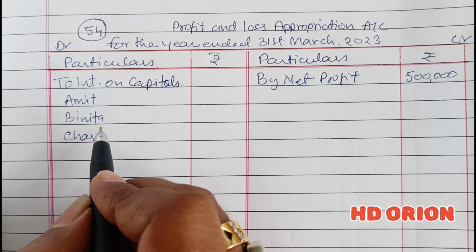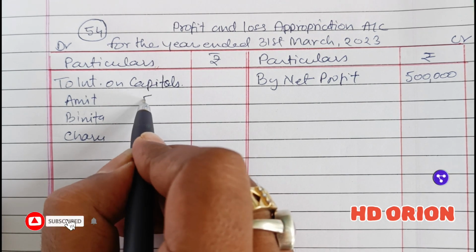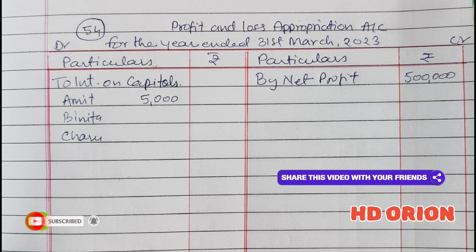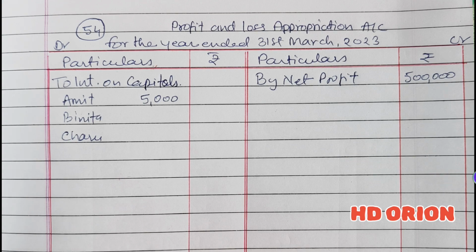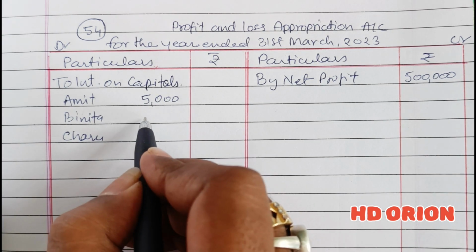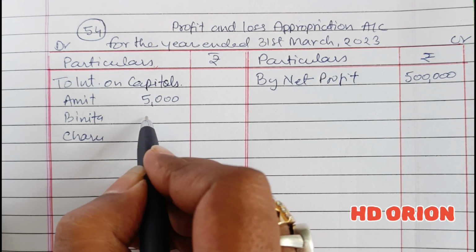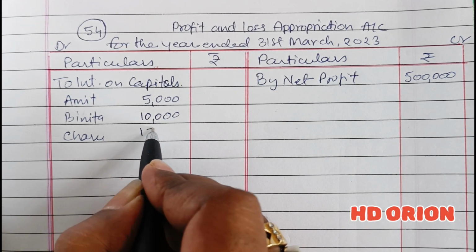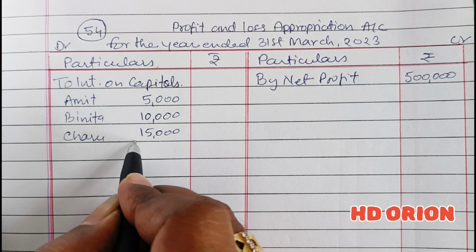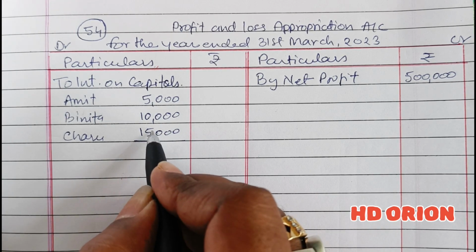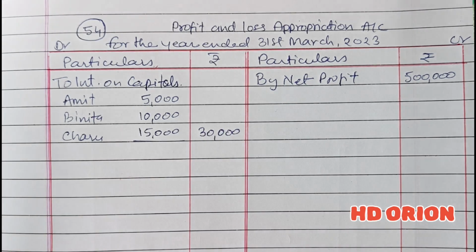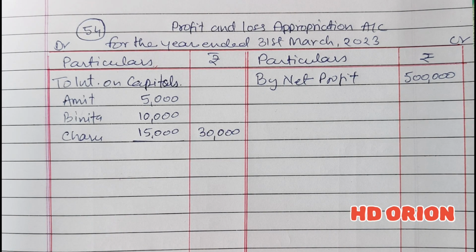And Amit's capital is 1 lakh and interest on capital is 5% per annum. So 1 lakh's 5% is rupees 5,000. And Binita's capital is rupees 2 lakh, 5% of which is rupees 10,000. And Charu's capital is rupees 3 lakh and 5% of which is rupees 15,000. So 30,000 is here as interest on capital.